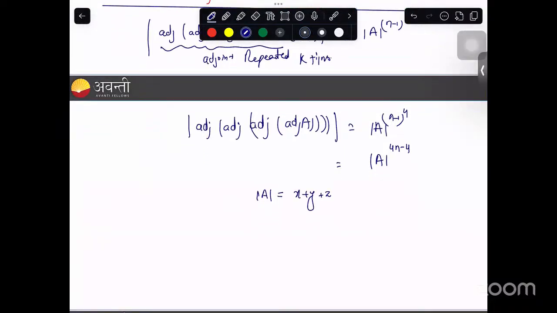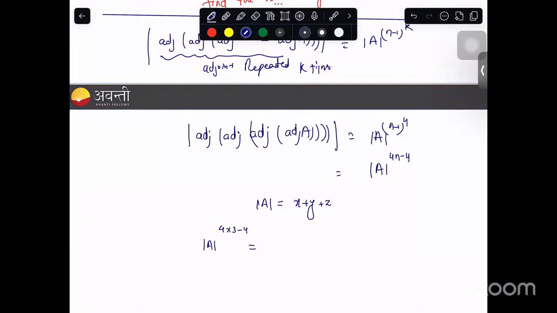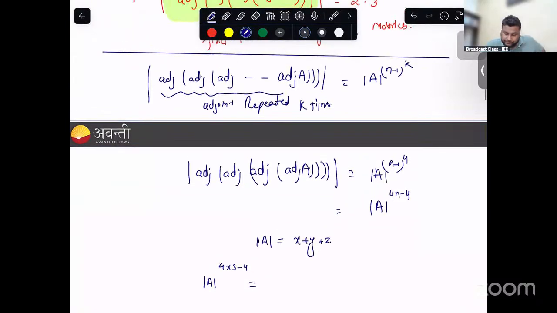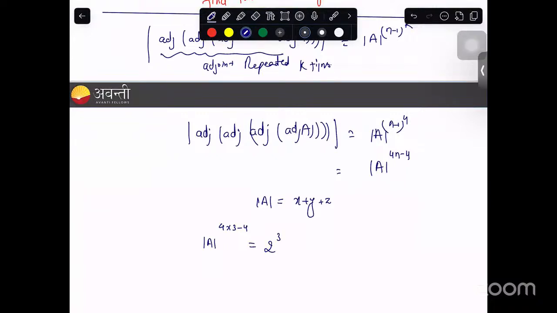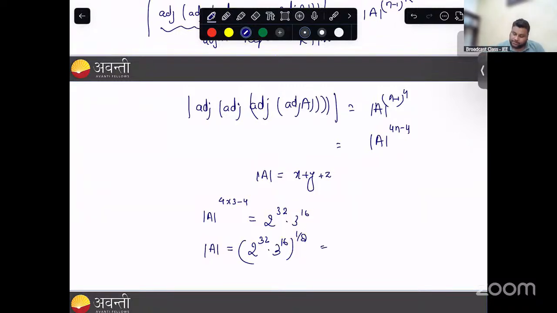So now the question is that determinant of A to the power 4 equals 2 to the power 4 into 3 to the power 2, so it will come out to be 144.